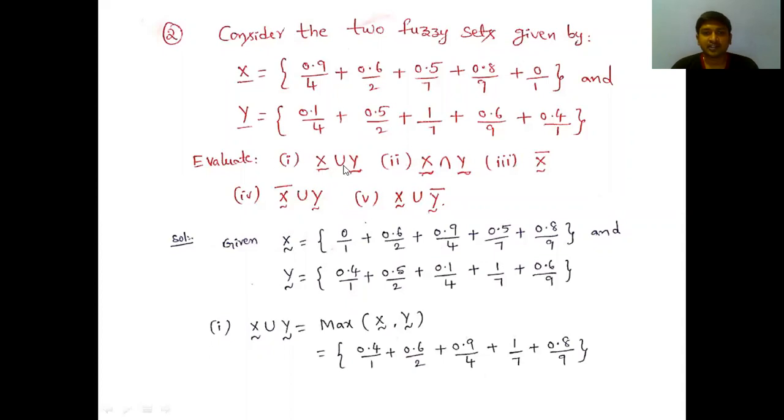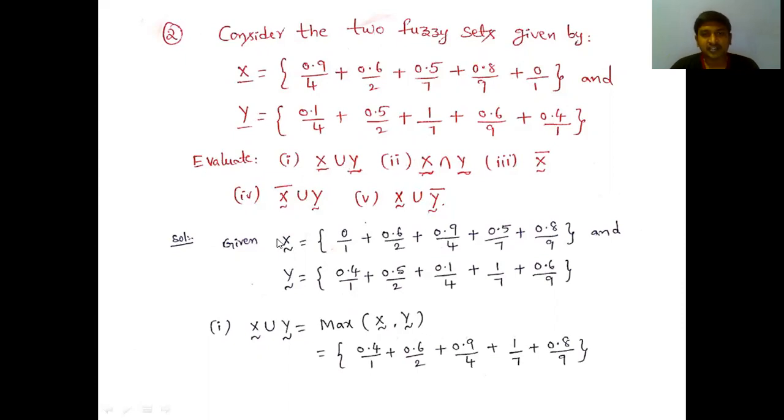Calculate the union operation between fuzzy x and y, intersection operation between fuzzy x and y, complement of fuzzy x, which means x bar, and complement of fuzzy x and fuzzy y. In between, we have to perform union operation. Similarly, union operation between fuzzy x and complement of fuzzy y.